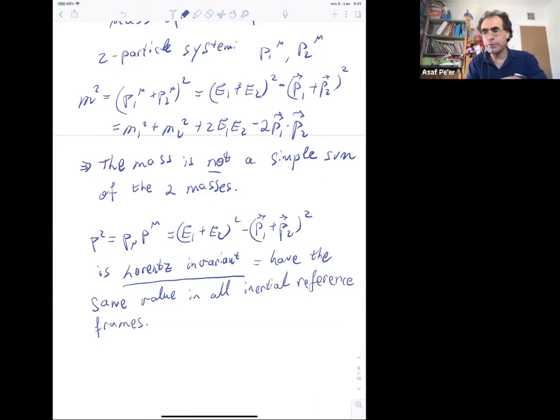This actually has quite an important experimental meaning, because in particle physics, how do we discover a new particle? You take a particle and let it decay, essentially, to other particles. So if a particle decays into two particles, then this is called the invariant mass.